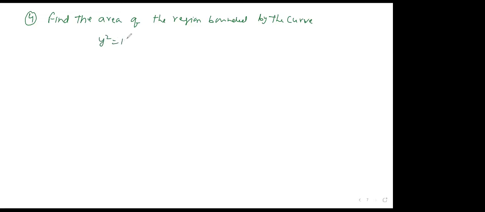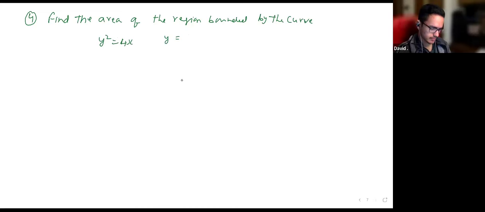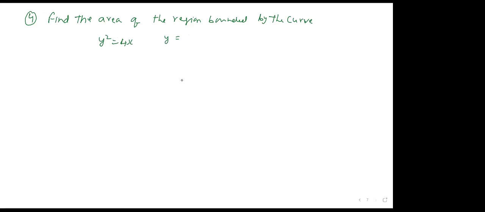Question number 4 is: find the area of the region bounded by the curve y square equals to 4x and the line y equals to 3.